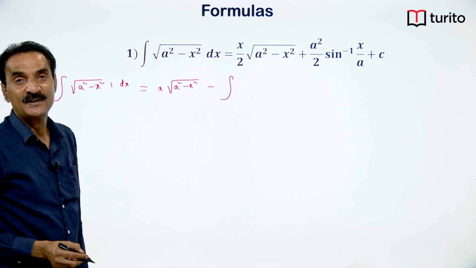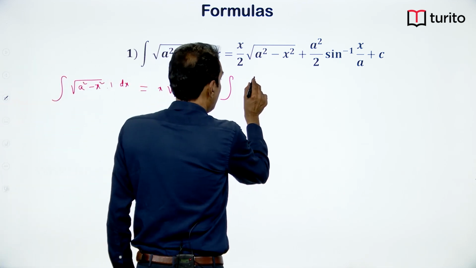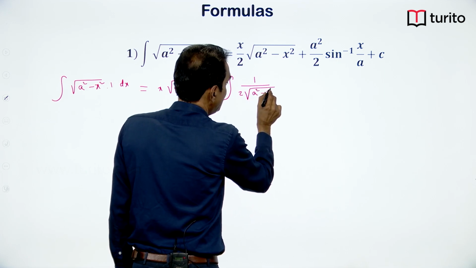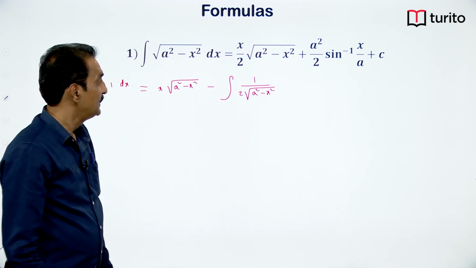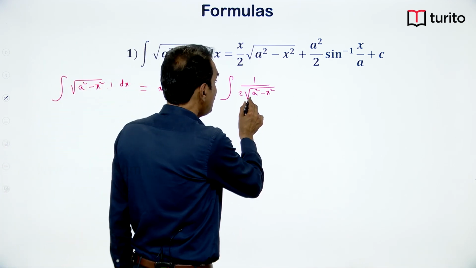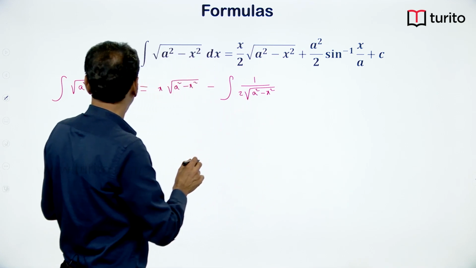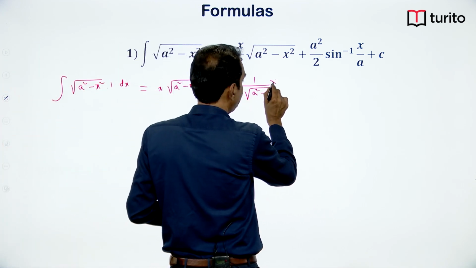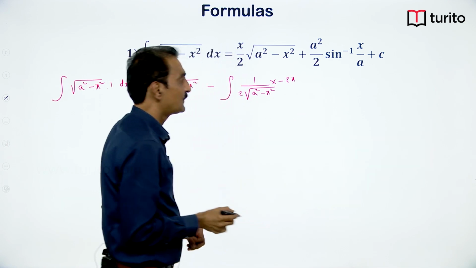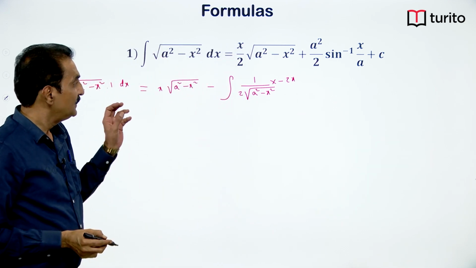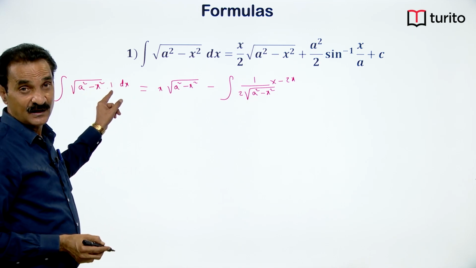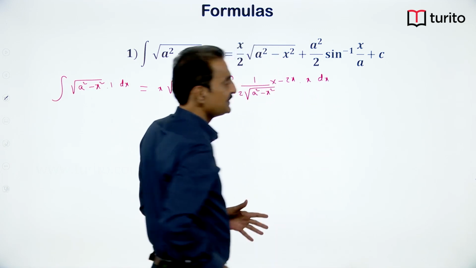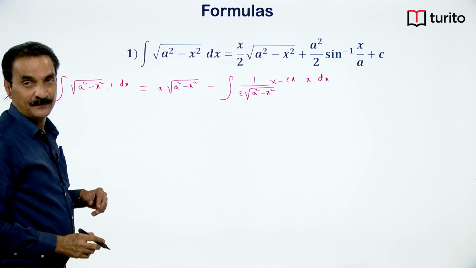What is the derivative of root a square minus x square? 1 by 2 root a square minus x square into the derivative of a square minus x square, which is minus 2x. Now into the integral of the second function, which is x, into x dx.